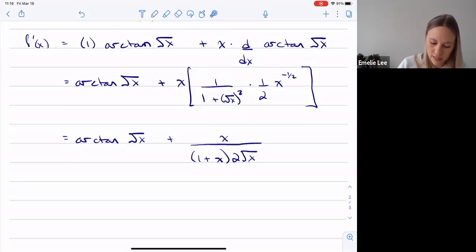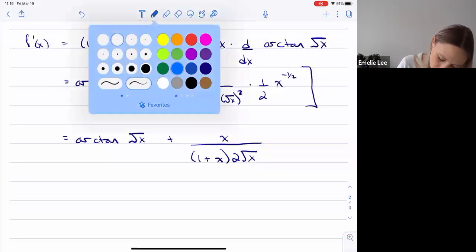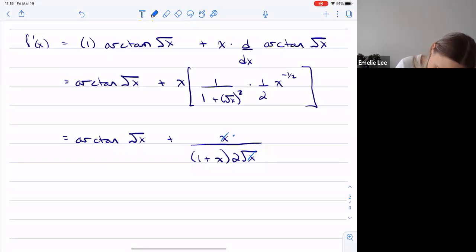Now, root x is, of course, x to the 1/2, and then x to the 1. So if I want to simplify this, because everything's being multiplied by root x, I actually end up with a root x up top, right? 1 minus 1/2. So here, these are going to cancel, and this is going to become root x.